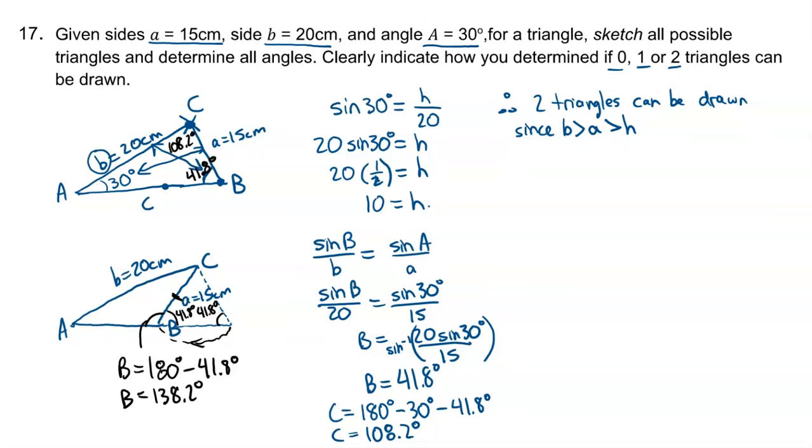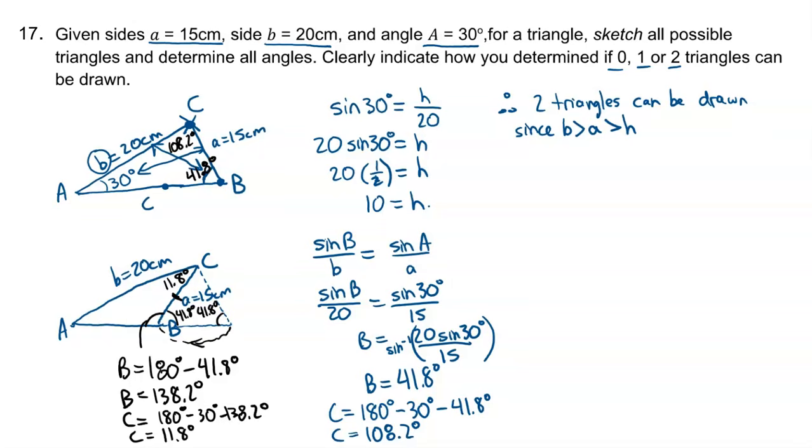So angle B is 138.2, and then by the same rationale as before, C is going to be 180 minus angle A, which is 30 degrees, minus the 138.2 degrees, and we end up with an angle C of 11.8 degrees. And so we've drawn and solved all the triangles.